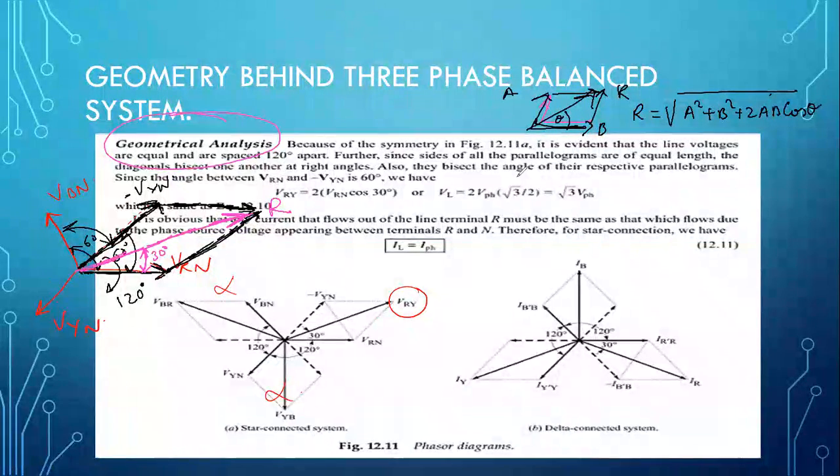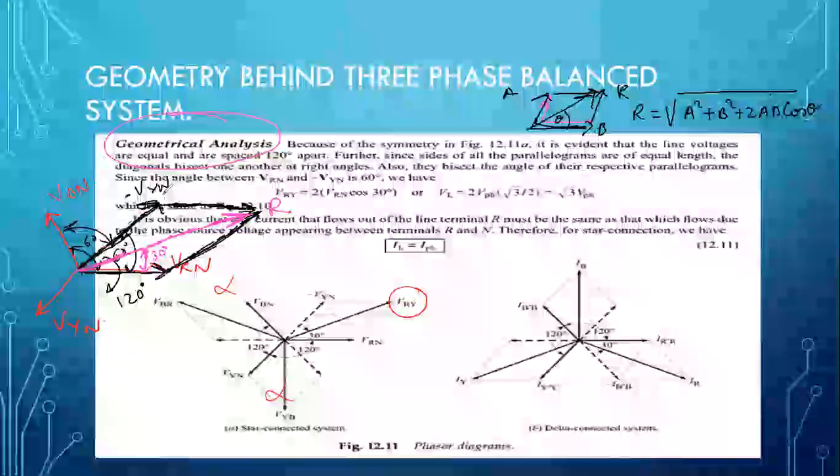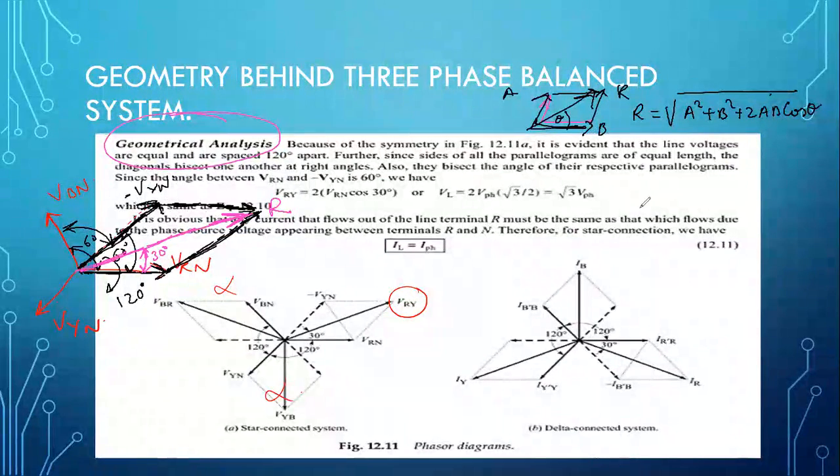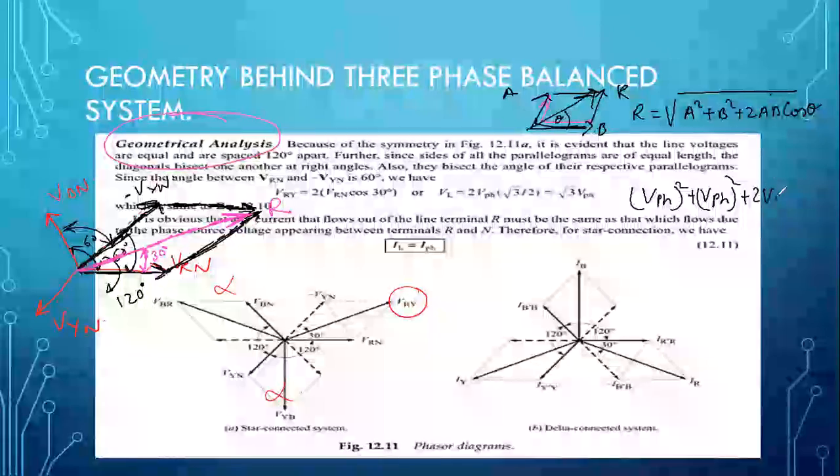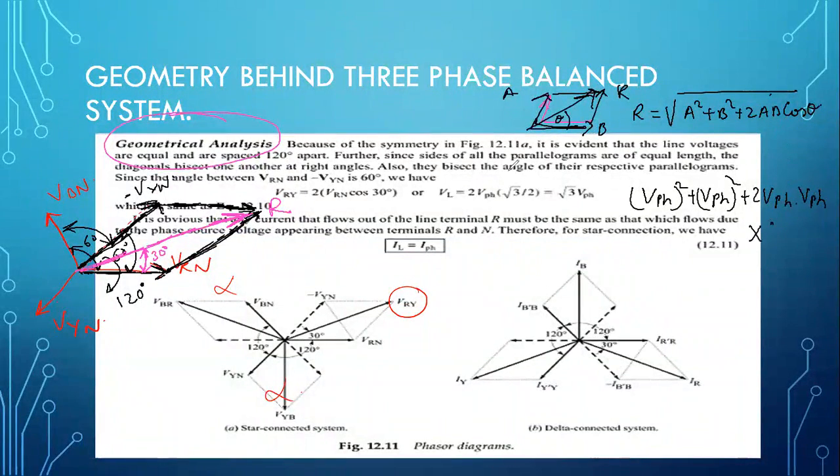So for example, this is my VRN, this is my VYN. The magnitude is the same here, so let's take magnitude as VPH. It will be VPH square plus VPH square plus 2 VPH into VPH into cos theta, and this entire thing is under root.